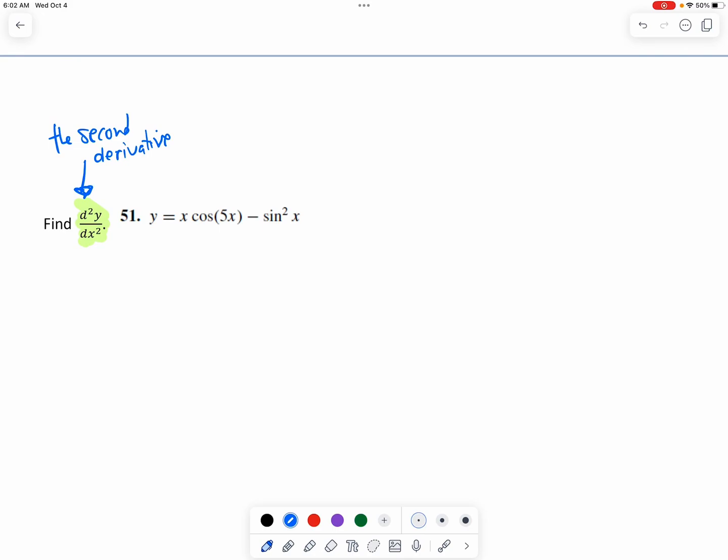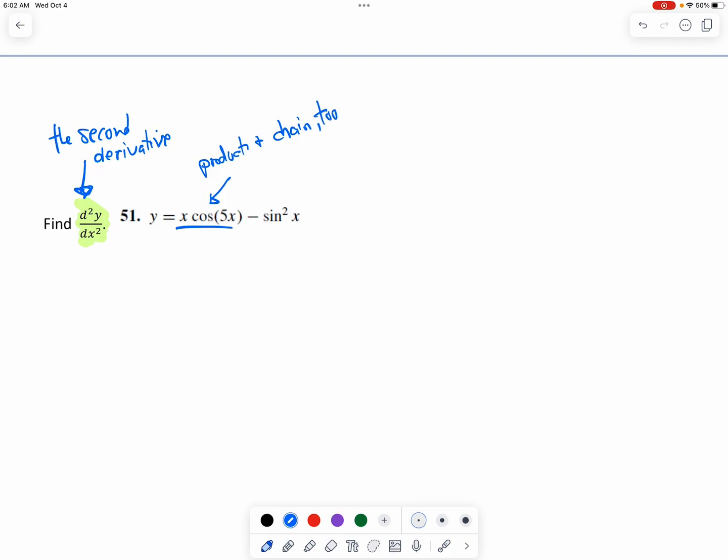And I'll make a separate video for this one, but as a hint, what I just underlined there is a product, and at the same time, when you split up that product, it's going to have a chain inside as well.